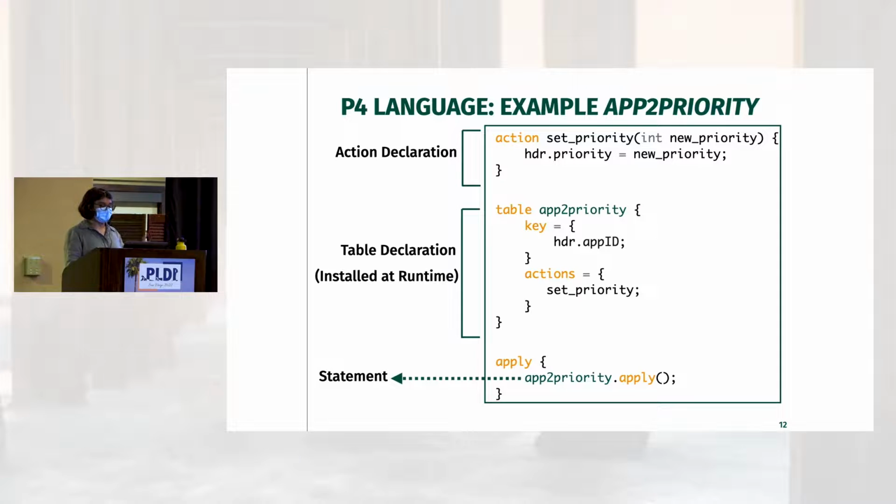And finally, we have the statement that is the entry point into this program, and there we are just trying to invoke the app to priority table that we just defined. So in this program, you would invoke the table. The table would check the input field header.app ID from your packet header and try to invoke the set priority action with appropriate argument.